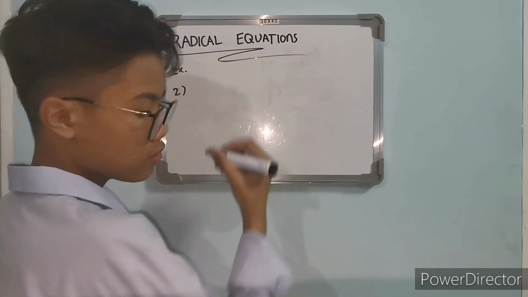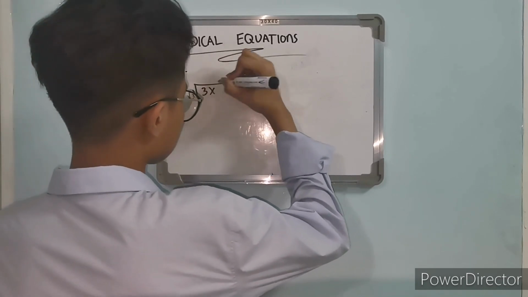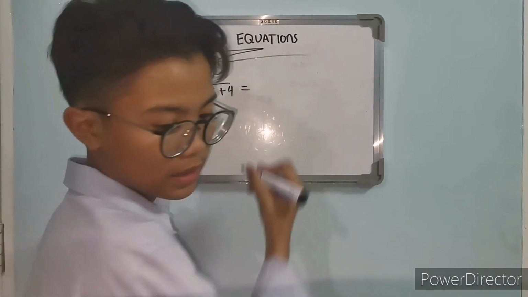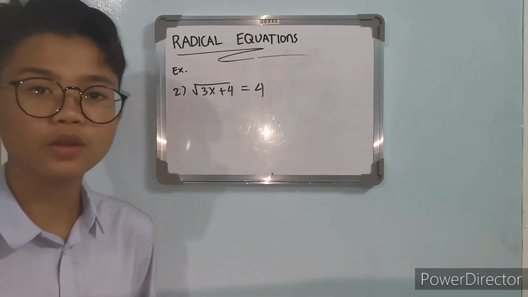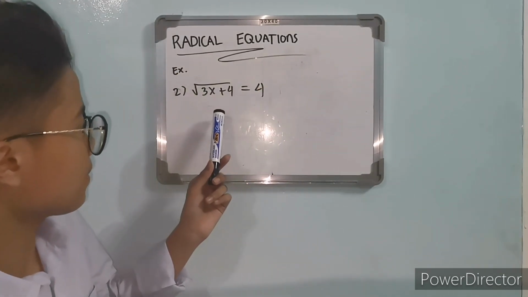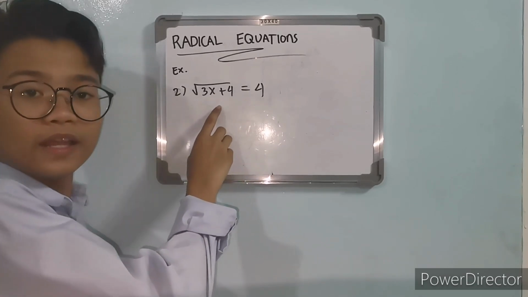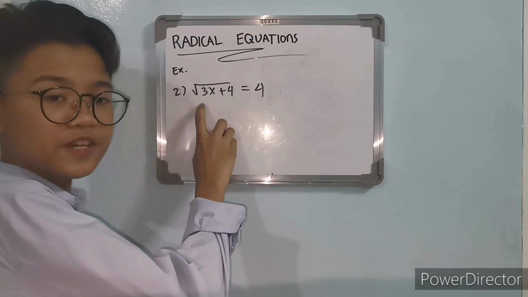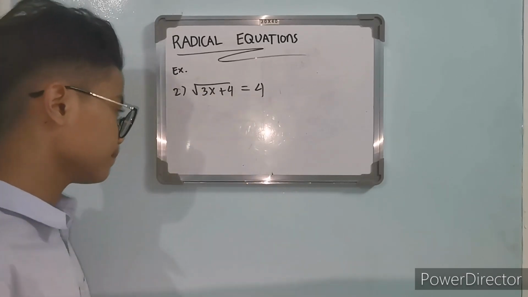For question number 2, we have the square root of 3x plus 4 is equal to 4. What's different about this example is that instead of only having the square root of x, the x now has a coefficient and there are 2 terms. It's a binomial.